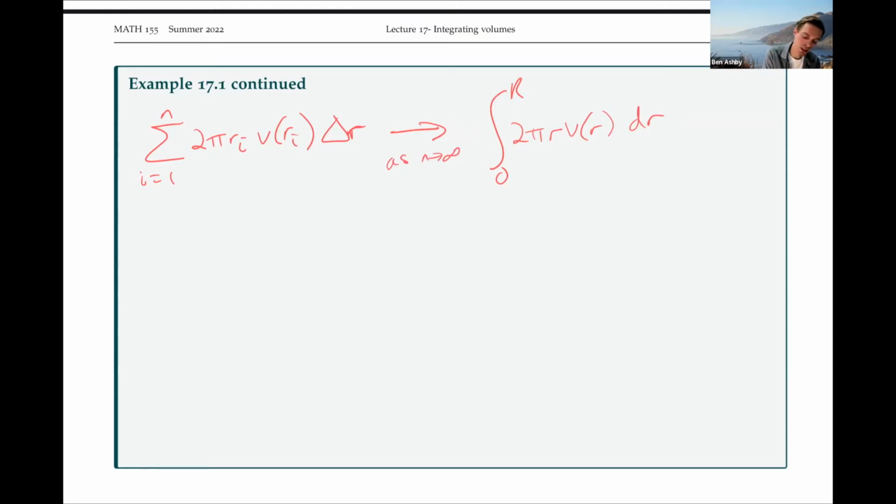This delta r here becomes the dr in the integral.